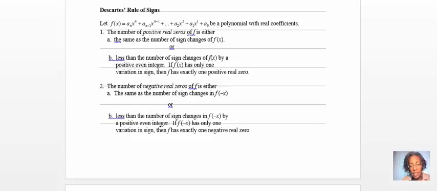So if f of negative x has only one variation in sign, then f has exactly one negative real zero.